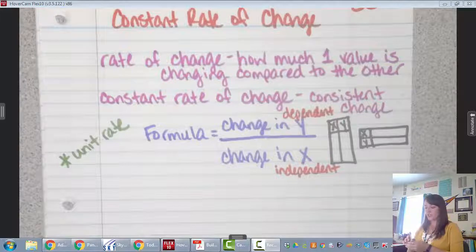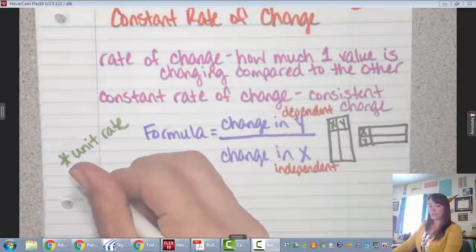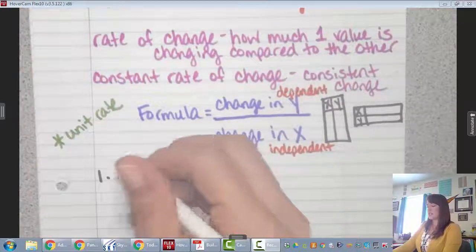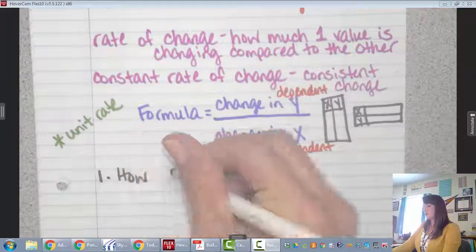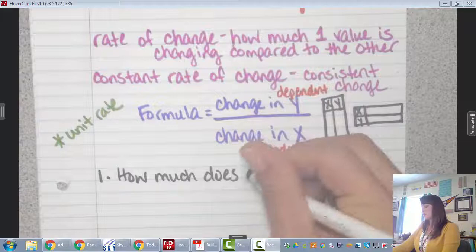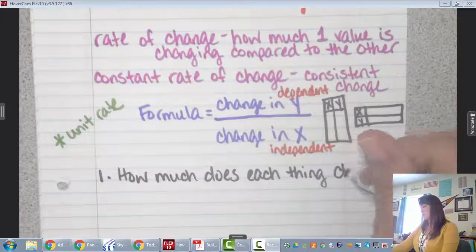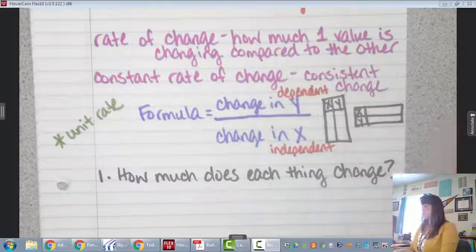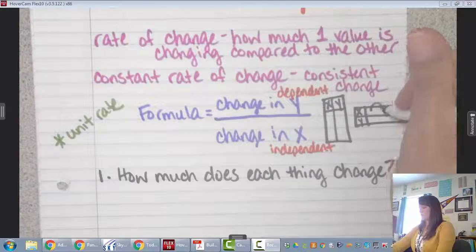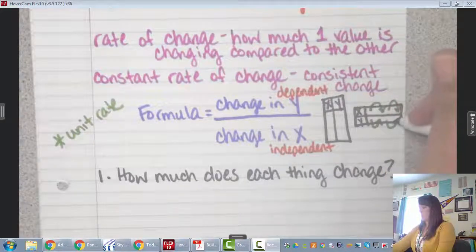So this whole lesson is 2 steps. The first step, you're going to ask yourself, how much does each thing change? And that's just going to be from one value to the next. How much does it change? Did it go up 10?